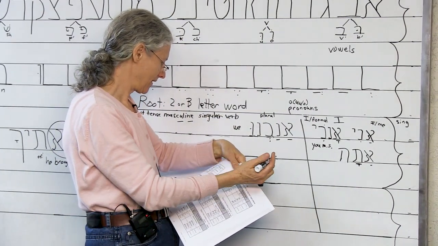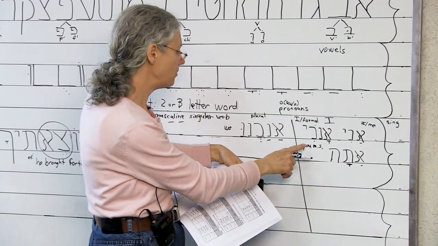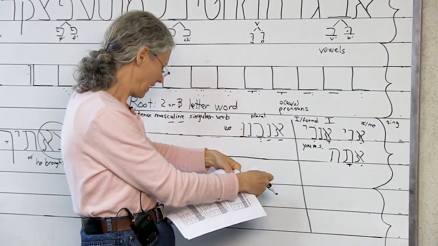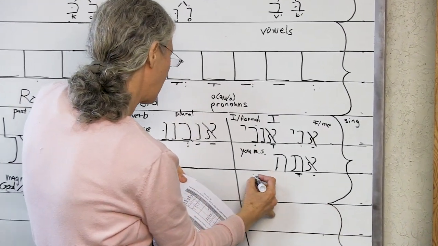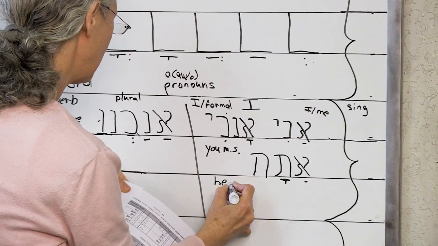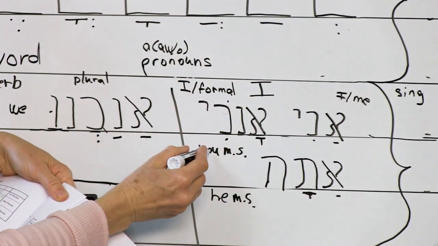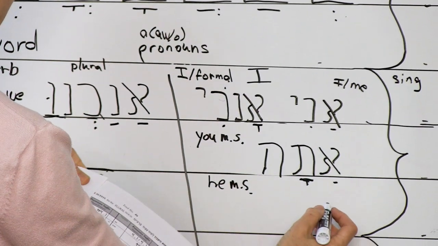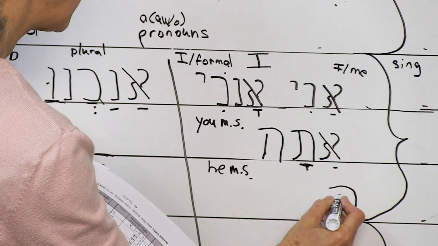So, let's see, anochi, yeah. So that's you, masculine, singular, and then he, masculine, singular. So this is first person, second person, third person. These are called pronouns.